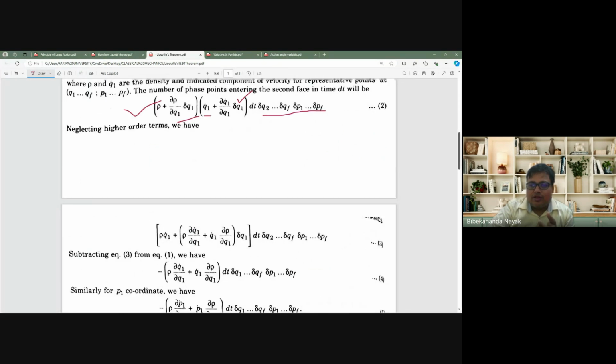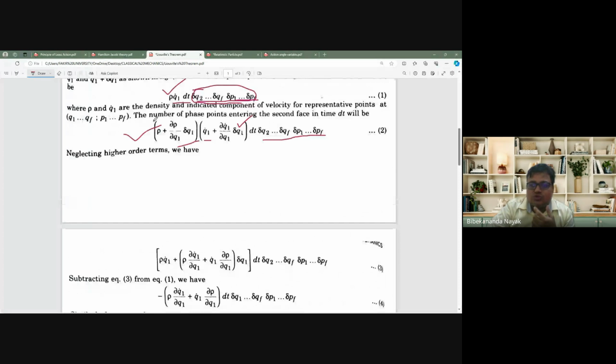If you multiply these two, the first term is rho q1 dot. The second is del rho by del q1 delta q1 into q1 dot. The third is rho into del q1 dot by del q1 into delta q1.